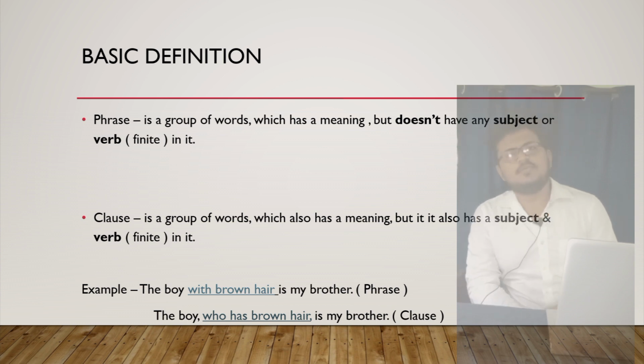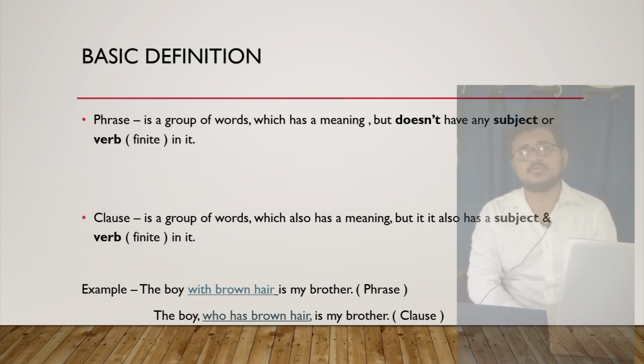See, if we ask about the definition, we won't go with any long grammatical definition because that may make the class boring. So I don't think that is very helpful. I think what is more practical is how you can find out what is a phrase and what is a clause when it is already used in a sentence.